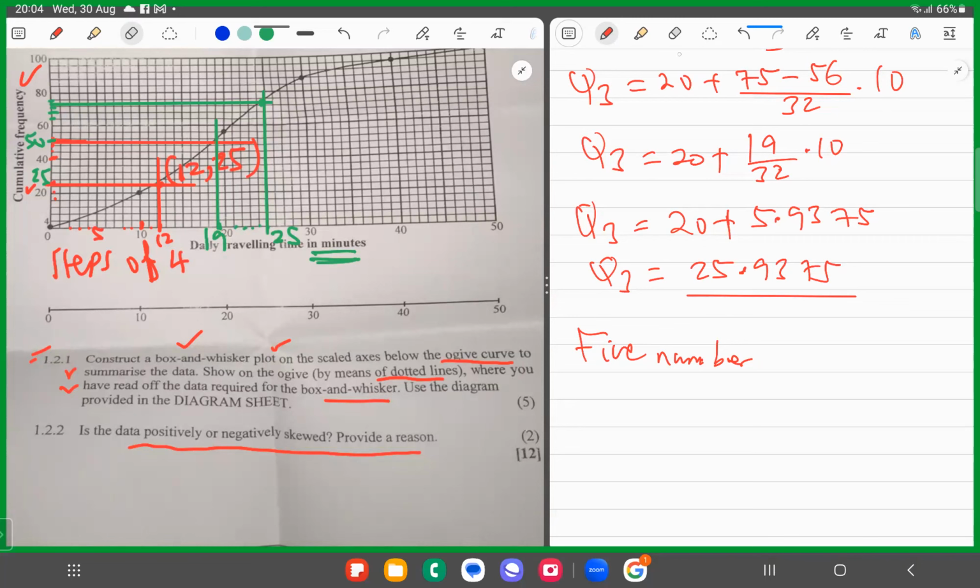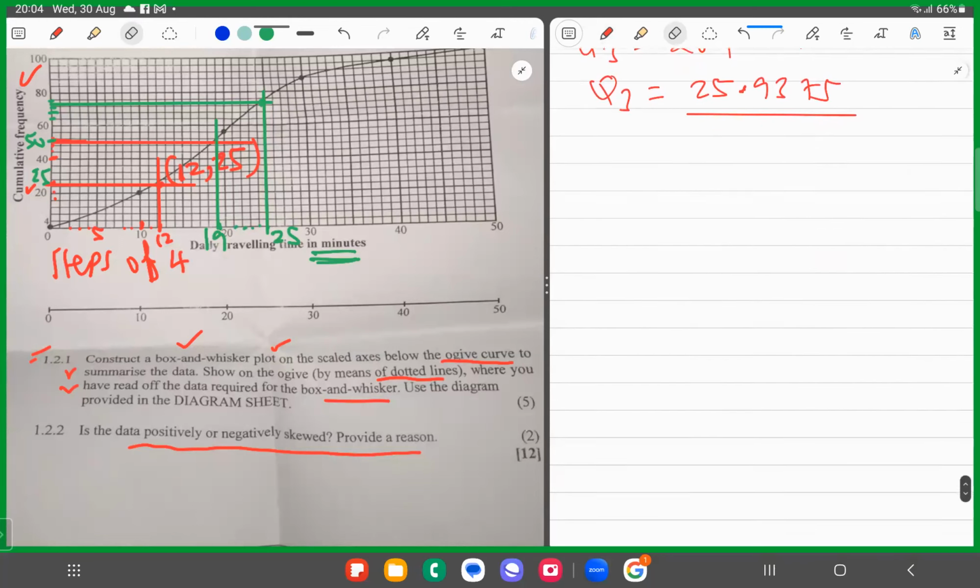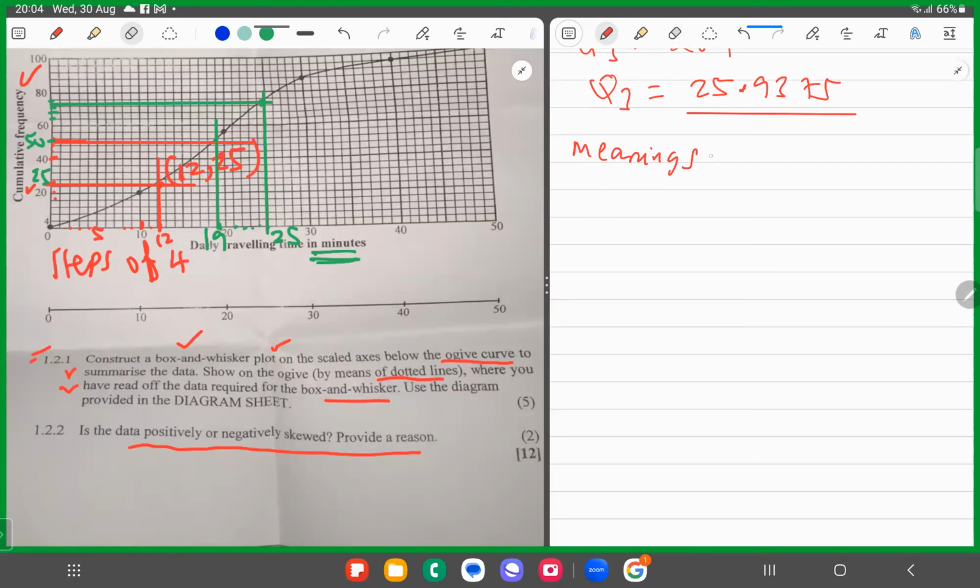But before I state the 5-number summary, I want to speak about something called the class length, and the meanings of the symbols in the formulae.